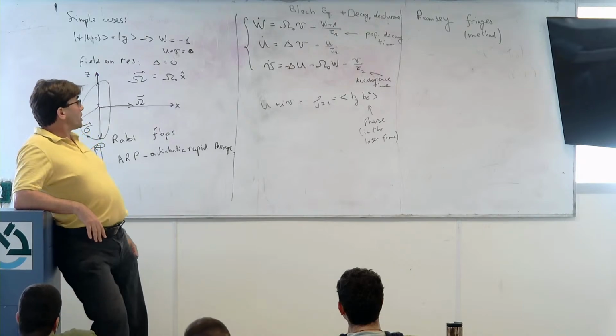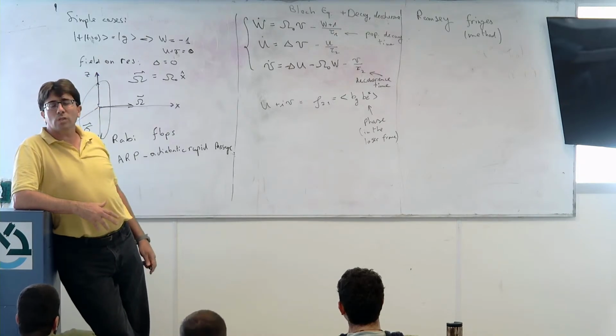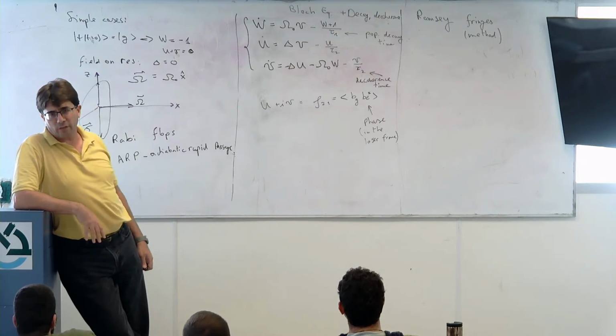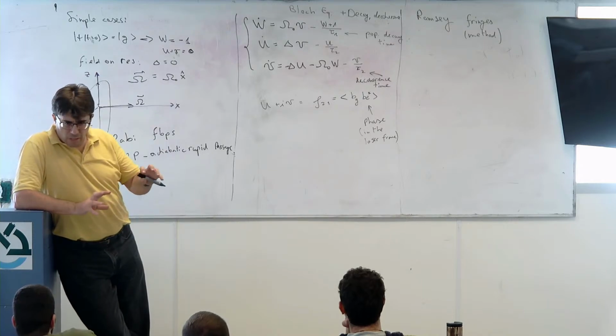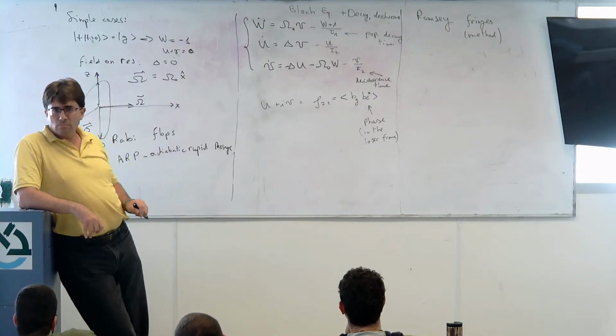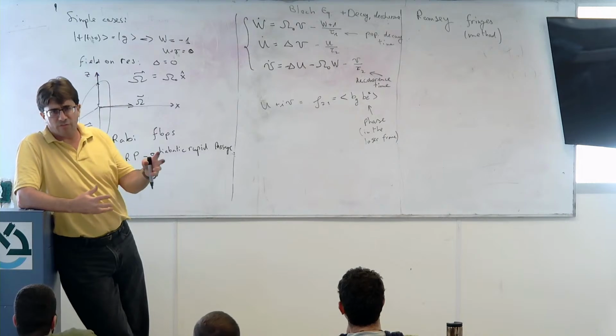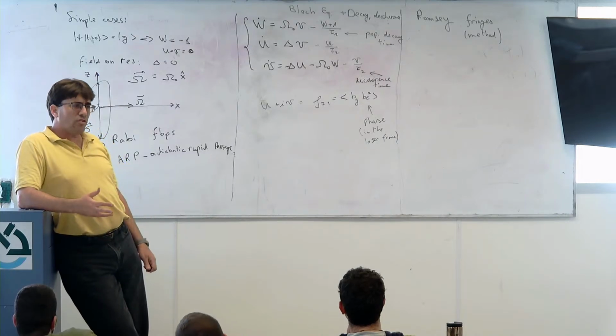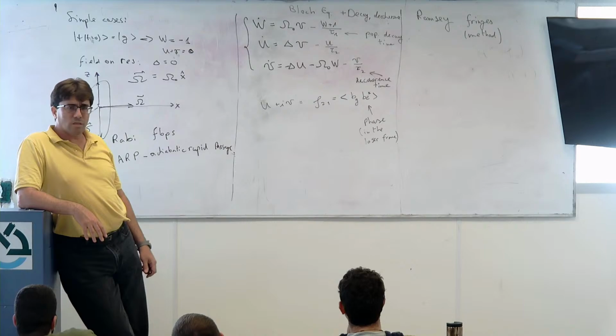So this is what I would call an inhomogeneous effect. Different atom classes, in this case of discussion that have different velocities, have different coherences.